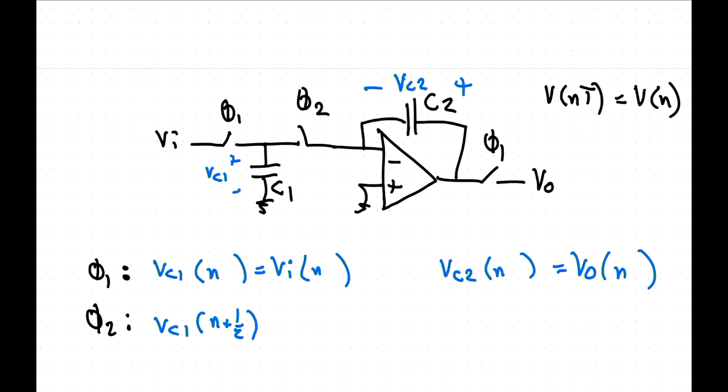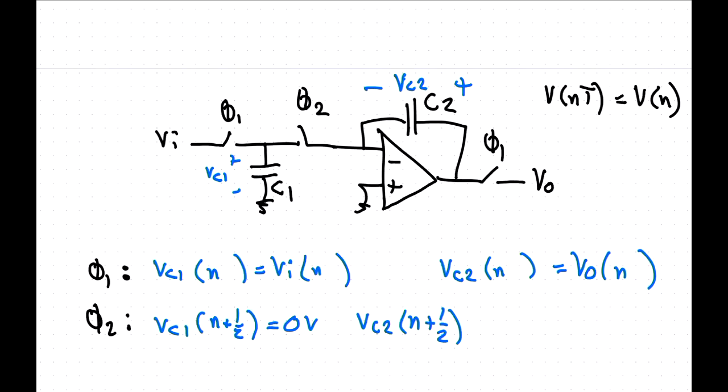Okay, so VC1 of half a clock period is going to be 0 volts, and then we have VC2 of n plus a half. Well, we add charge to it, so it's going to be the voltage we had before, plus whatever charge is flowing in that capacitor there.